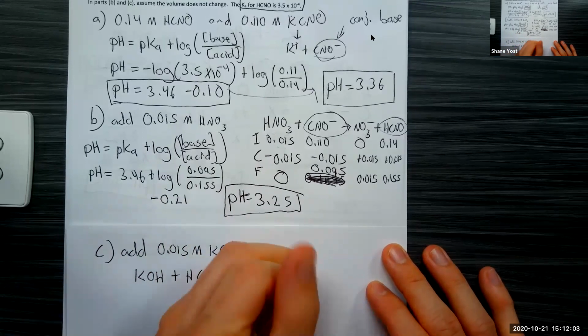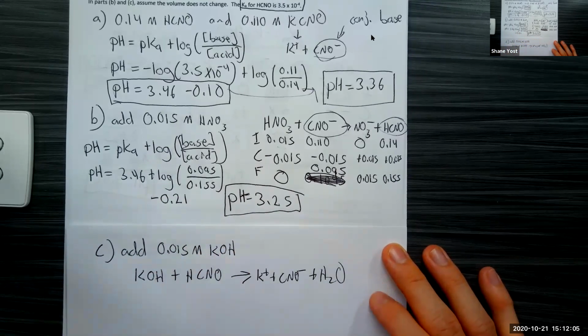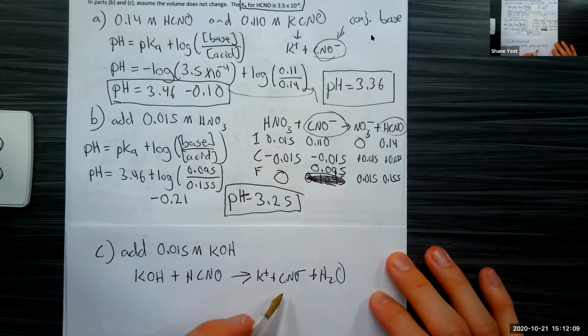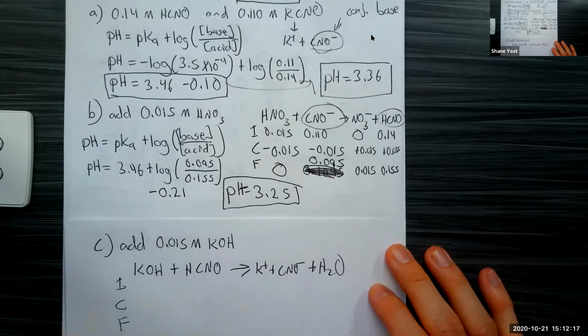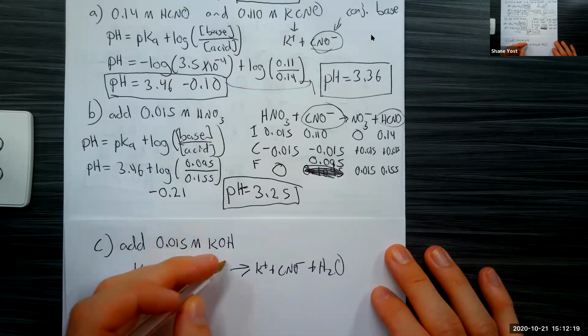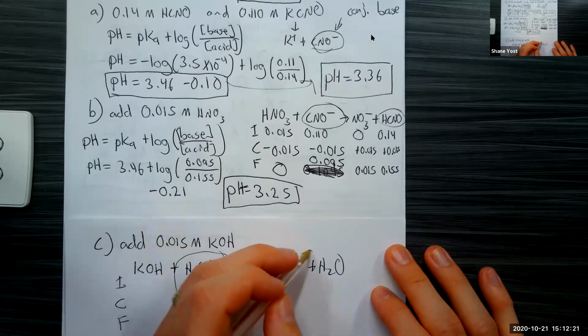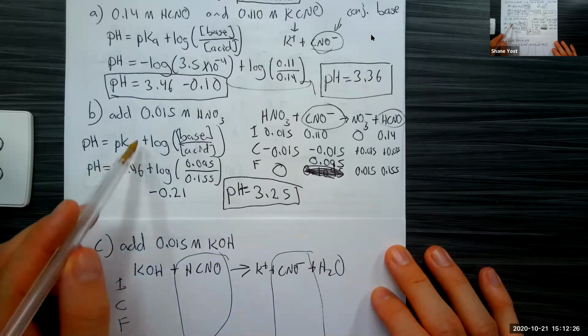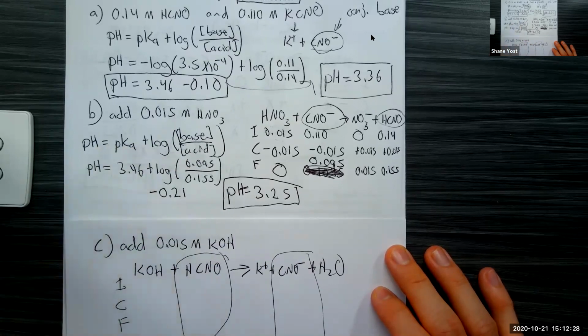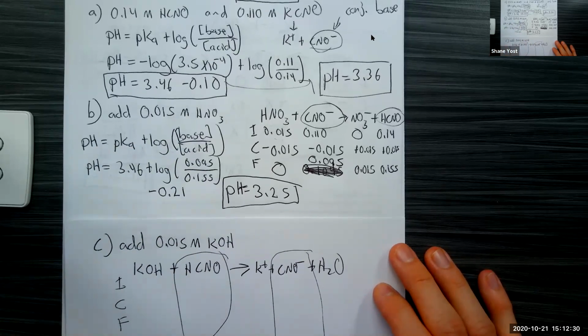I'm going to write it like this, plus water. This will form a salt and water. And I'm writing like this because really what we're concerned about is the concentration of CNO minus in solution. And then again, I can do this initial change final to get the final concentration of my acid and the final concentration of my base, and plug that into my Henderson-Hasselbalch equation here to calculate the pH.